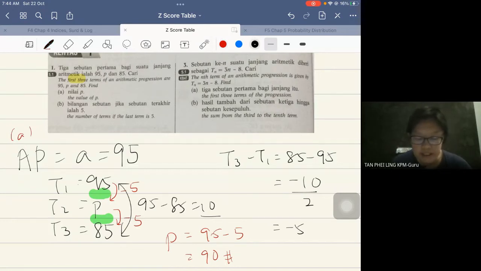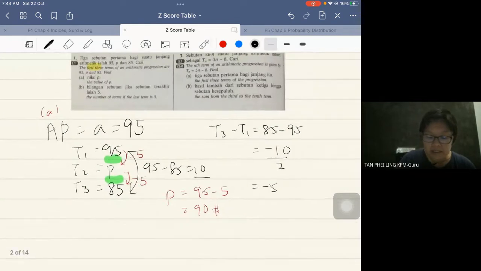Part B says to find the number of terms if the last term is 5. So the last term is Tn, and it's 5. You don't know how many terms there are, but you know that it is the last term. So Tn equals 5. Remember the formula for Tn?